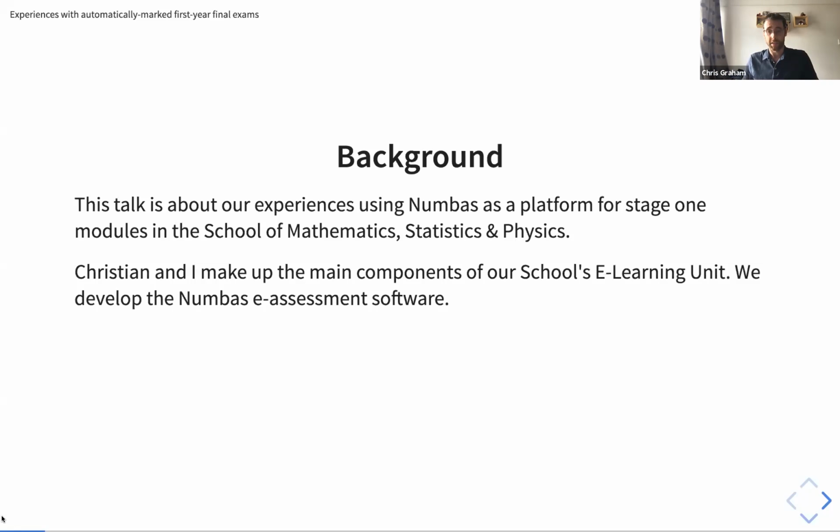It's quite a unique setup because, as we're developing Numbas, we can also offer significant support to our colleagues around the school. That makes this very different from a lot of other scenarios, in that our module leaders themselves aren't usually involved with Numbas heavily. I will come back to that as I go through.